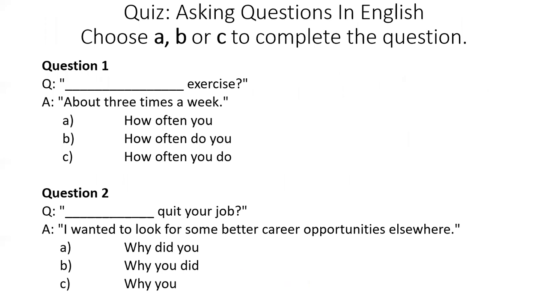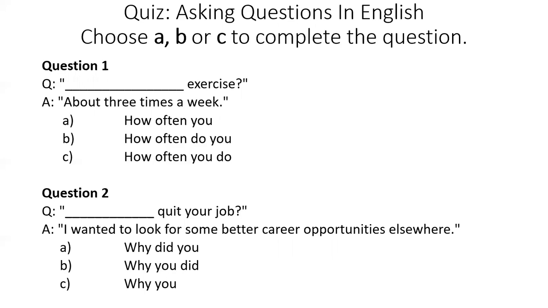Asking questions in English. Choose A, B, or C to complete the question. Question number 1. Question says, blank exercise. And the answer is, about 3 times a week. Question 2. The question says, blank, quit your job.